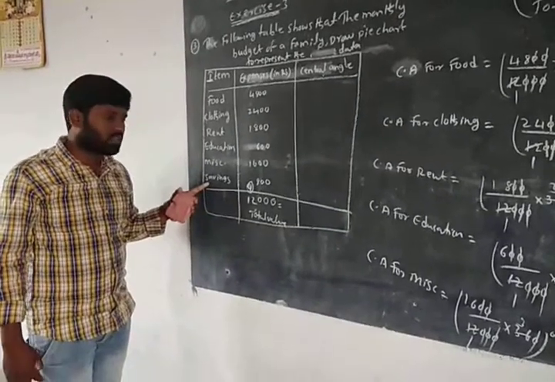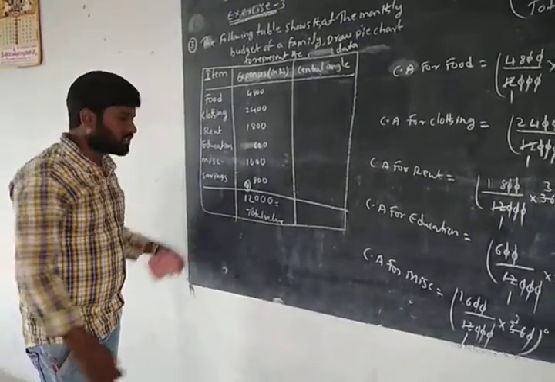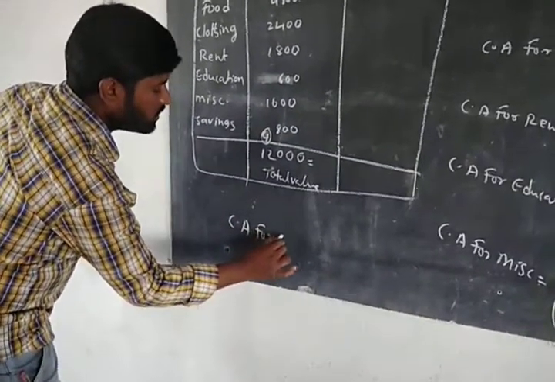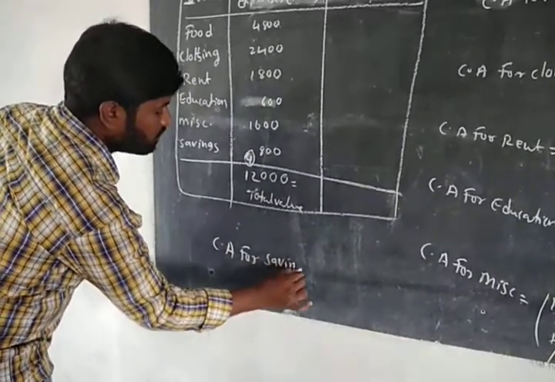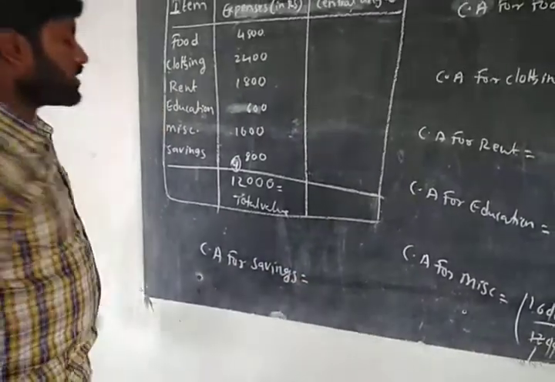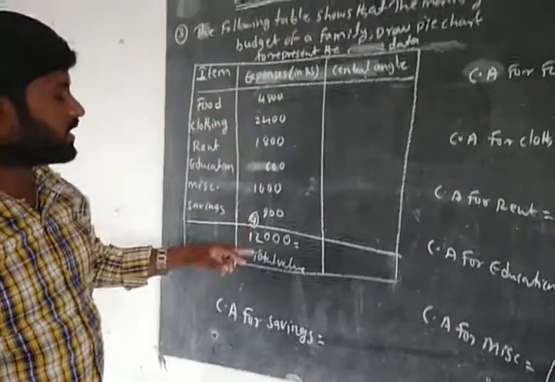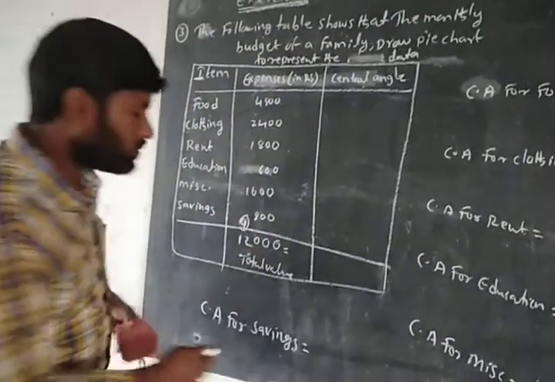Next, the last one, savings. Central angle for savings: how much is the monthly saving of the family here? 800 rupees.